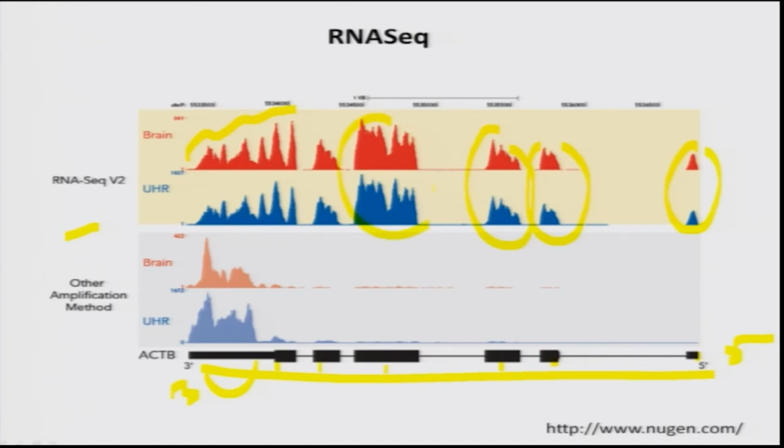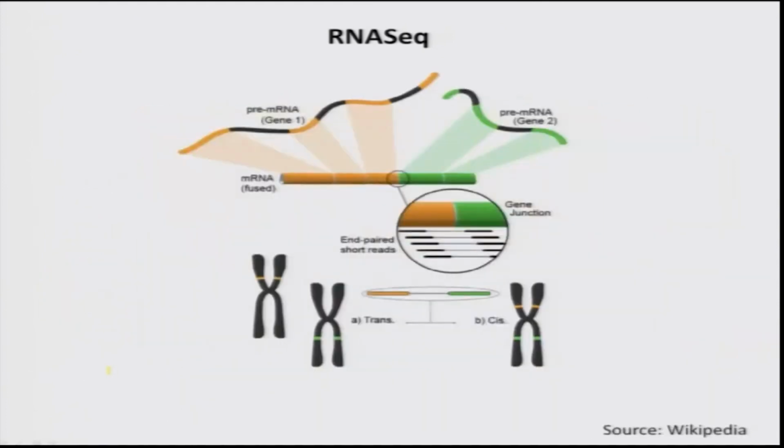Not only that, if you go for other methods, for example a cDNA library, your analysis power is normally more restricted to the 3' end, which is taken care of in the case of RNA-seq. So that's one of the major advantages.